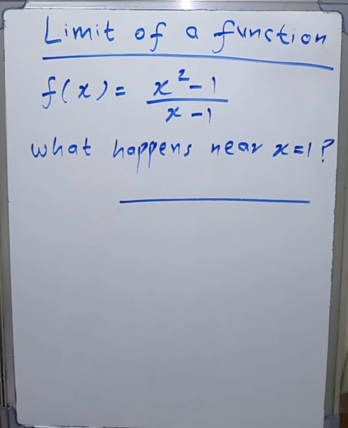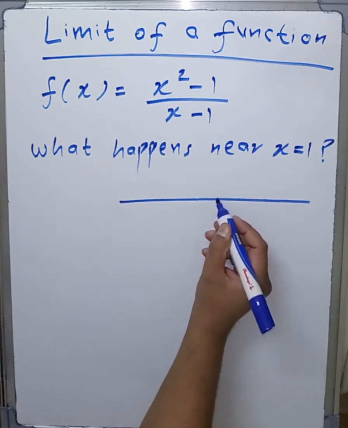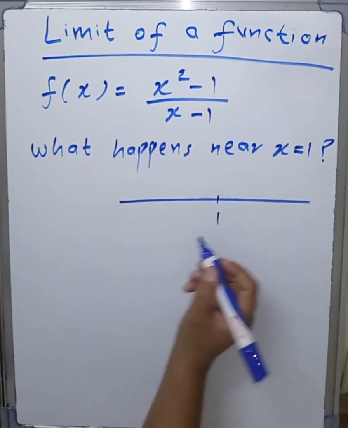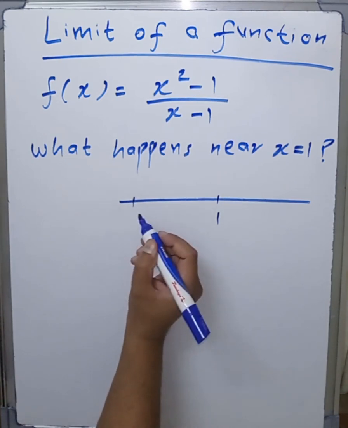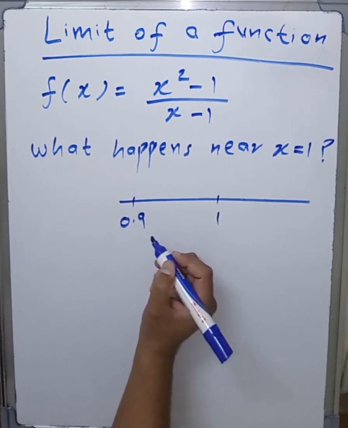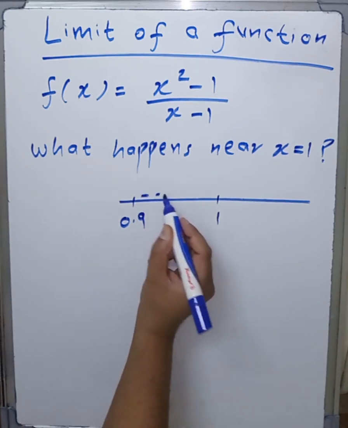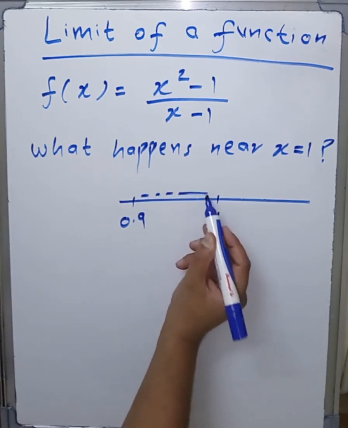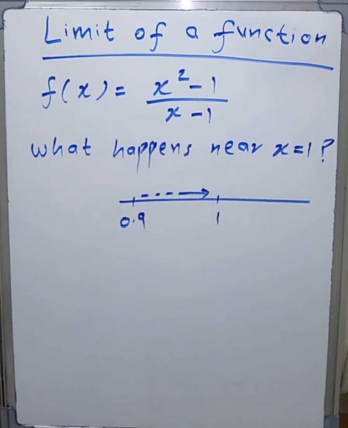So what we did in the previous video when we were discussing the left hand limit, we took points near 1. We started from 0.9 and slowly we moved towards 1 from the left side.